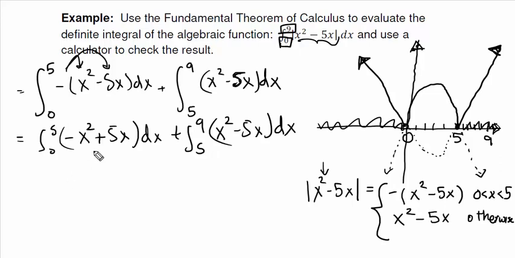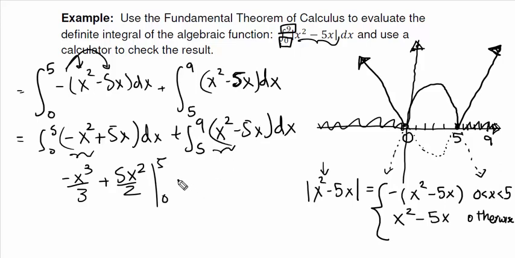Now I'll find the antiderivative, so negative x cubed over 3 plus 5x squared over 2, and then evaluate it from 0 to 5. And I'll find the antiderivative, which will be x cubed over 3 minus 5x squared over 2, and I'll evaluate it from 5 to 9.